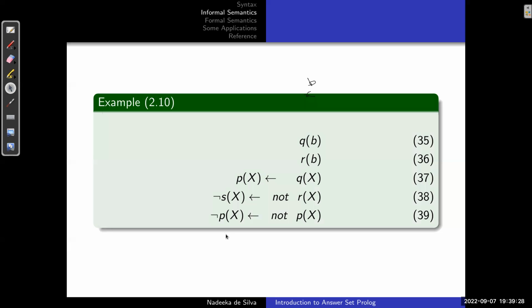So we can add another rule here, of this type: not not px implies px. It's the same as the previous program, and I add this rule 29 additionally.